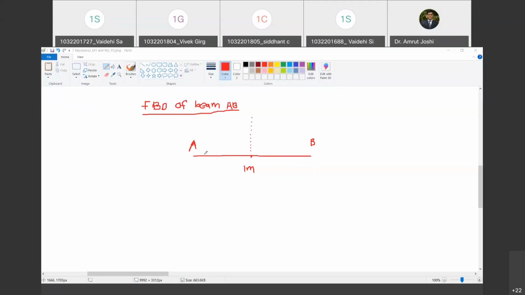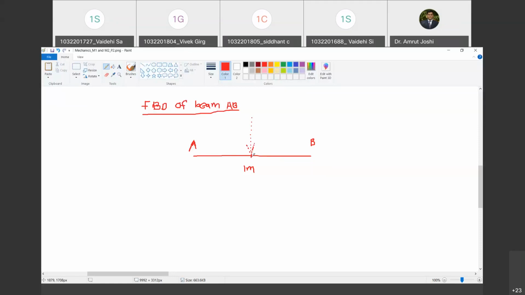But truly speaking, the weight is acting all along the length. Are you with me? Yes, sir. If I cut a small portion here, that small portion is also going to have some weight. So I understand that it is acting all along, but I am going to show it to be acting through the center of gravity. Are you with me? Yes, sir.